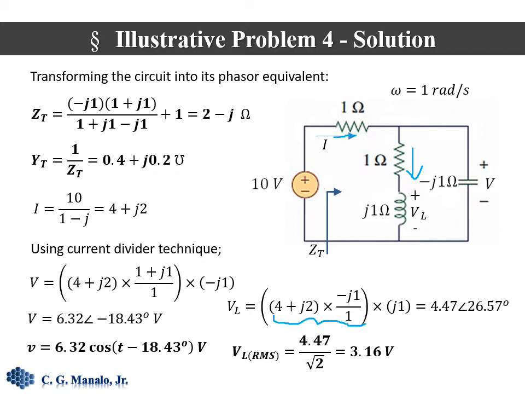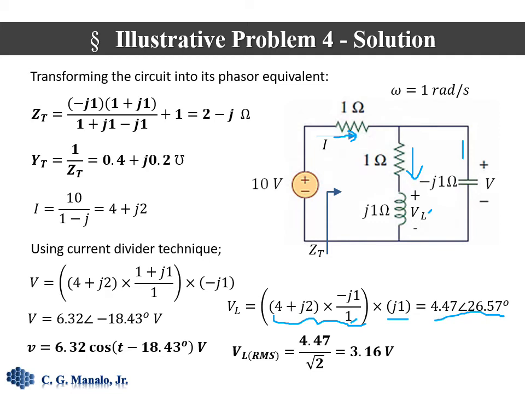It is this current times this impedance divided by the total impedance of the two branches, which is again 1. And then we multiply the whole thing by the inductive reactance of this inductor so that we could get a phasor voltage across it. So this is our answer.